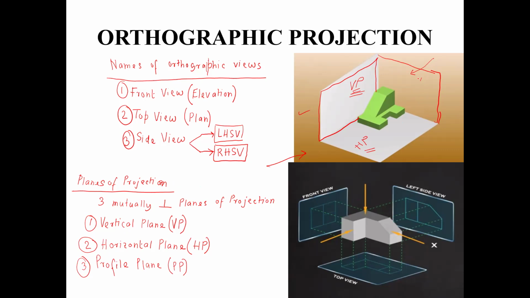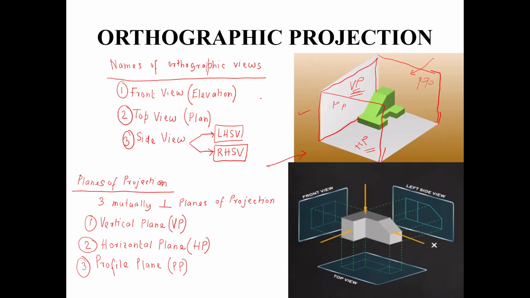Now I can draw one profile plane at this location. Similarly, I can draw another profile plane somewhere here. This can be tagged as another profile plane. So you see there are 4 planes of projection and there are 4 orthographic views.